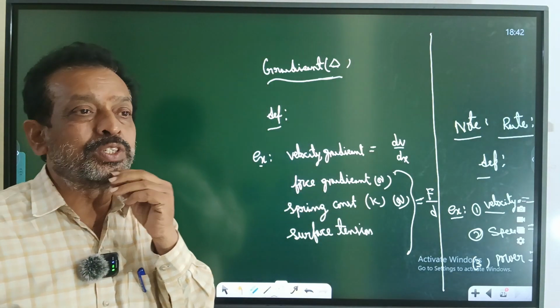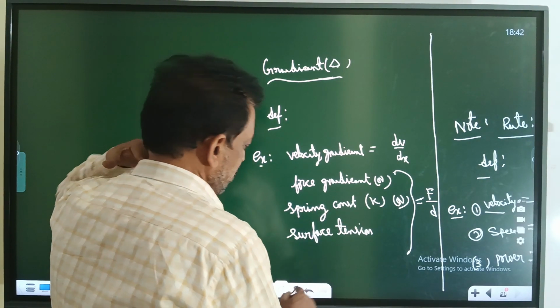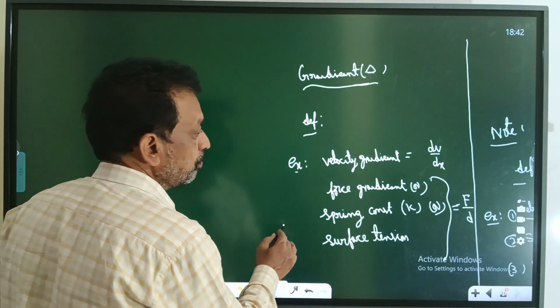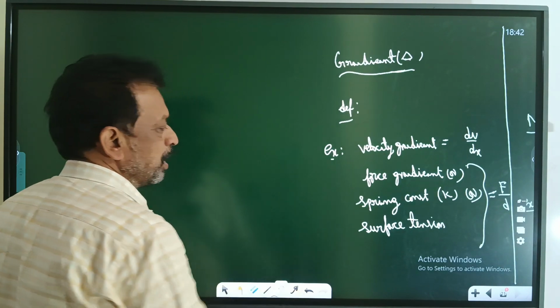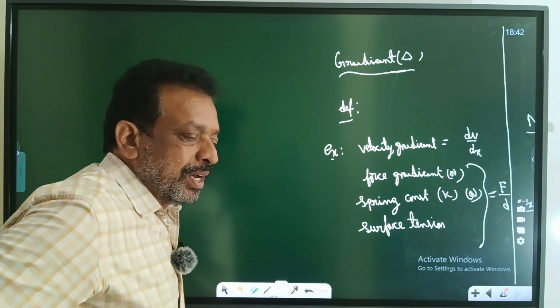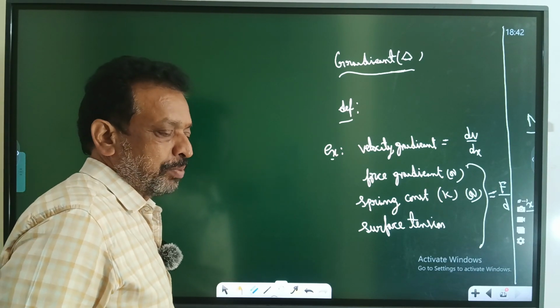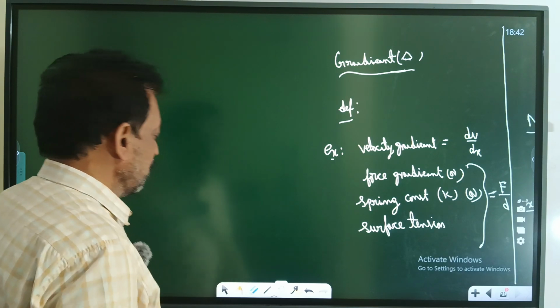Once you think about it, physics is not that difficult. In the denominator, you put a distance or displacement, and we call it gradient. Power gradient is power by x, or displacement. Okay, now.